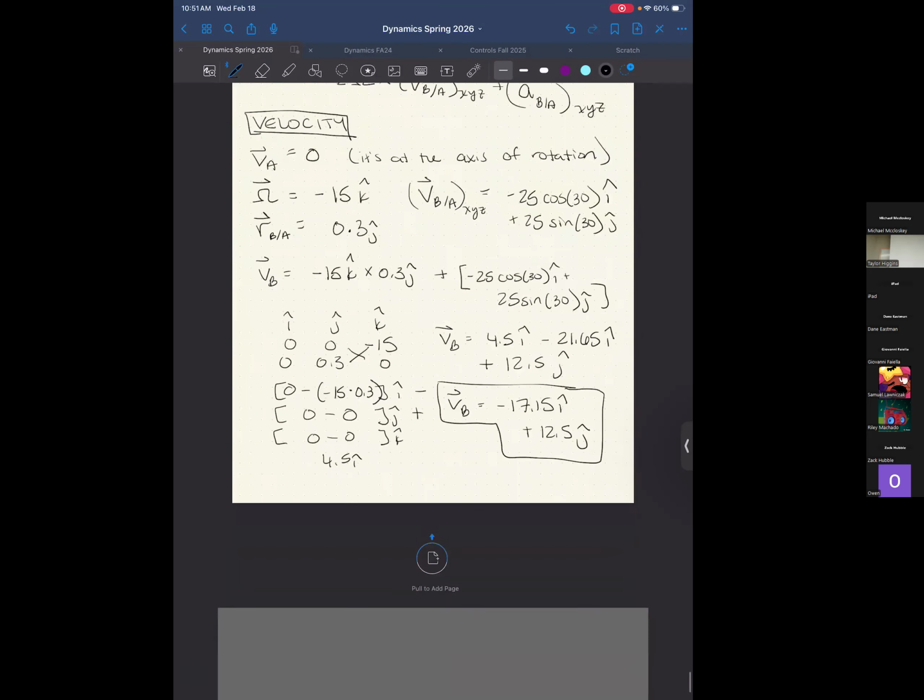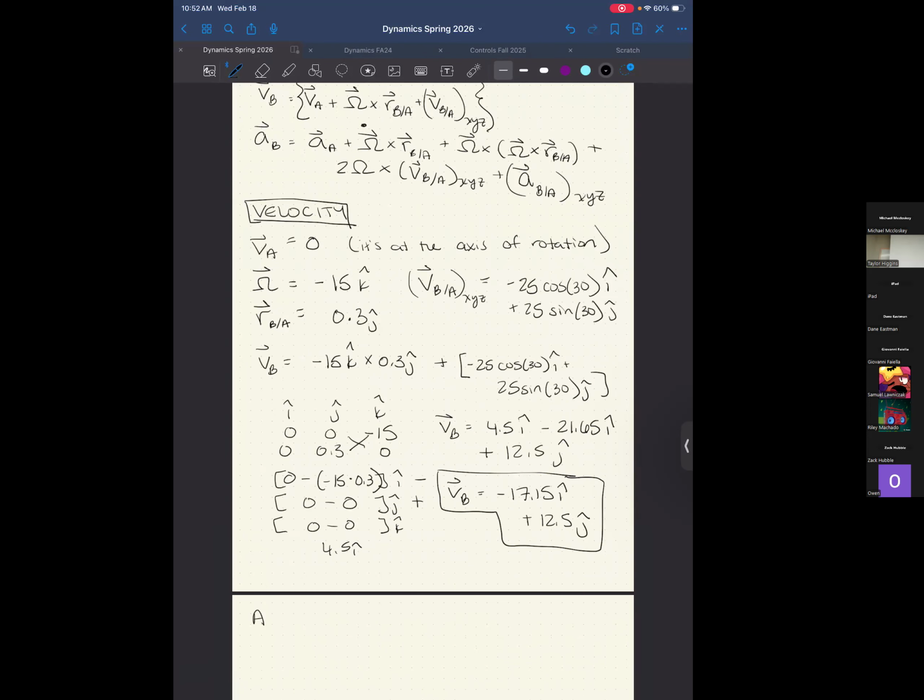Okay, let's do acceleration. It's right here.